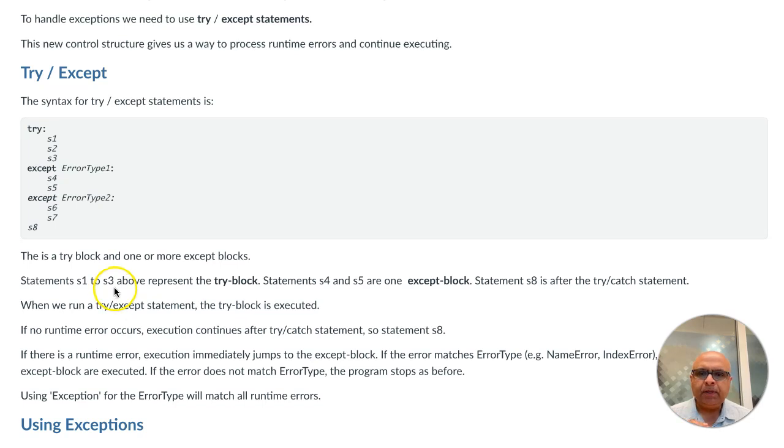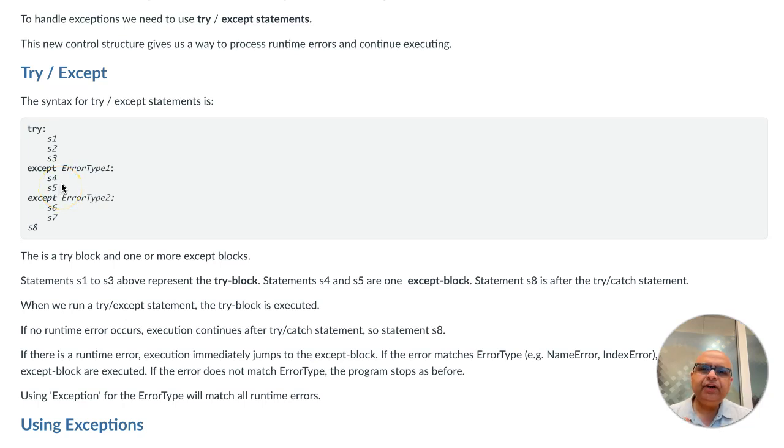Now how does this run? When we run a try except statement, the try block is executed. If there is no runtime error, everything is fine, you continue execution after the try except statement. If there is a runtime error in the try block, the execution jumps to an except block that matches the error type that has just happened, and the statements of that except block are executed.